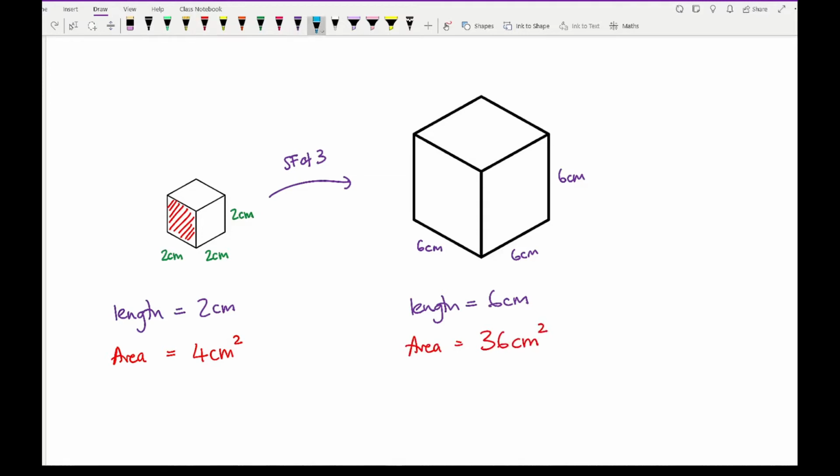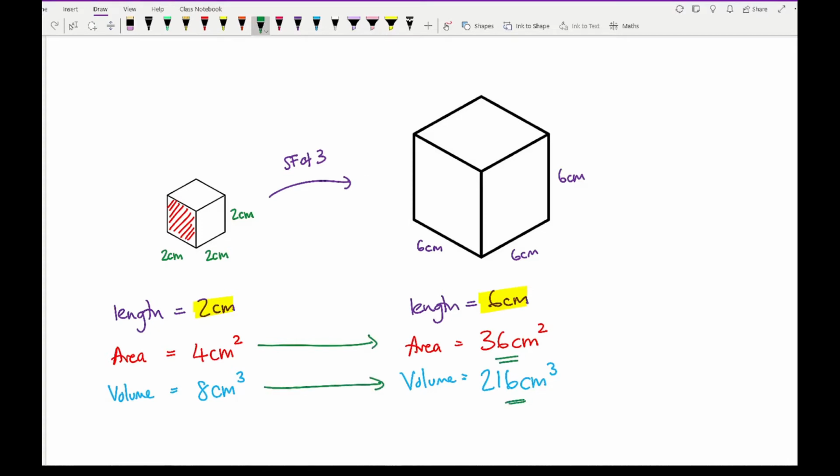And if we look at the volume, then that's going to be 2 times 2 times 2, which is 8 centimeters cubed, and the volume of this particular cube is going to be 6 times 6 times 6, which is 216 centimeters cubed. And again, just to reiterate, although the scale factor of the length is times 3, the area has not been tripled and the volume has not been tripled. So you can see how these numbers are going to be different.